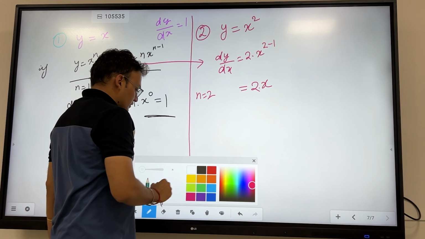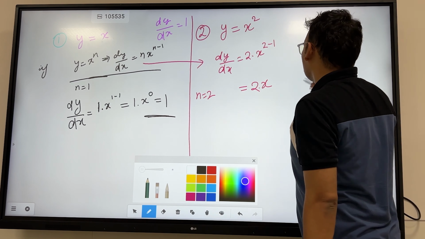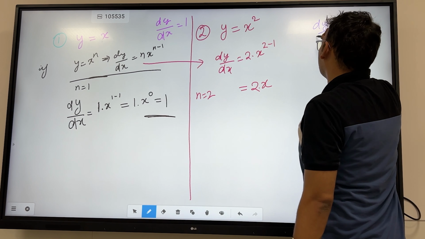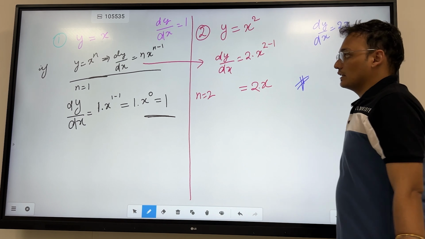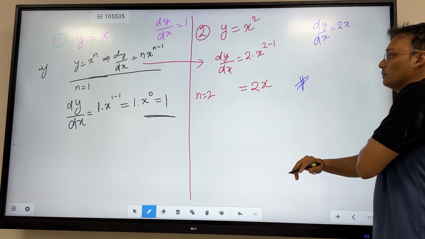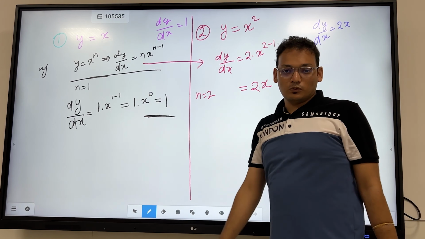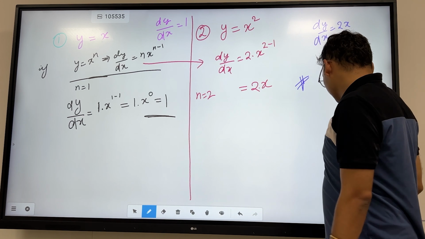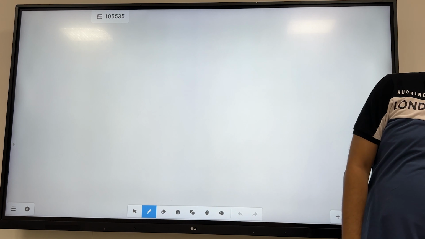And remember, using the first principle, at that time as well, I was getting dy over dx as 2x. That means this rule works 100%, right?